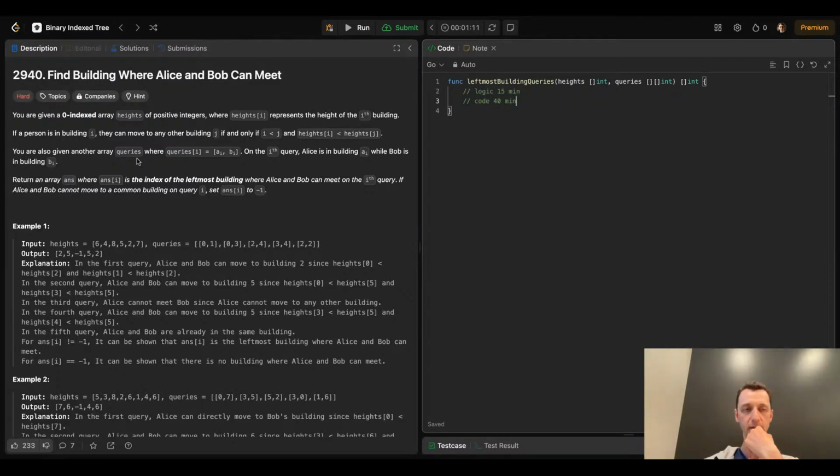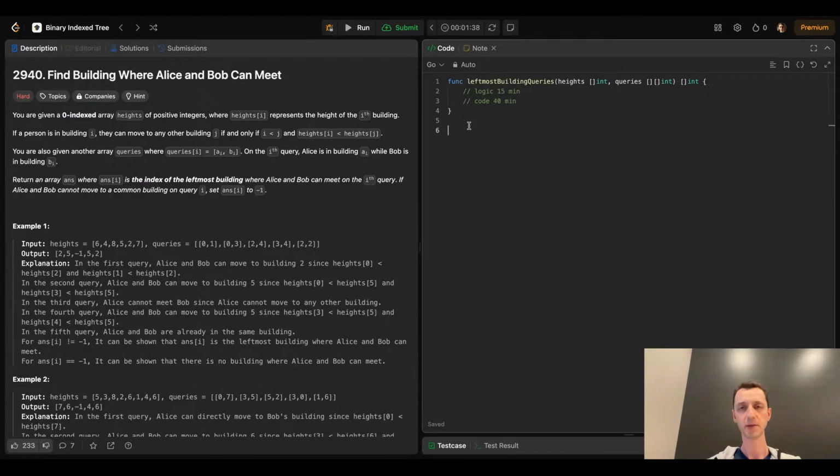If a person is in building i, they can move to any other building j if and only if i is smaller than j and heights[i] is smaller than heights[j].